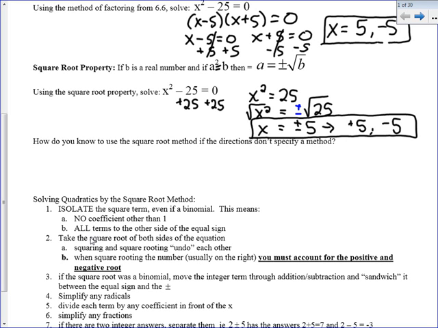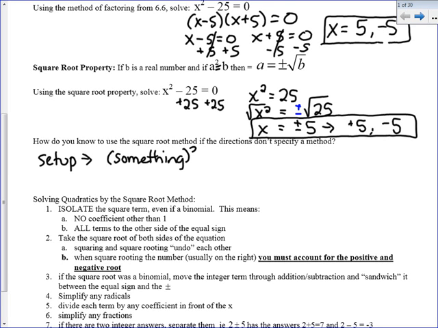So my question is, how do you know when to use the square root property if the directions don't specify to do so? What you're looking for in your problem is the setup, or easy to get to the setup, of something squared, and that's purposely vague.